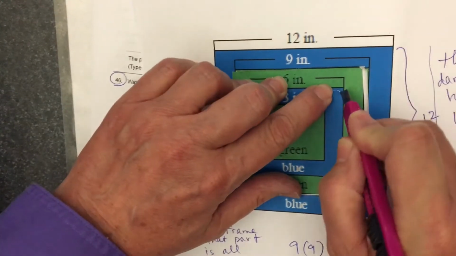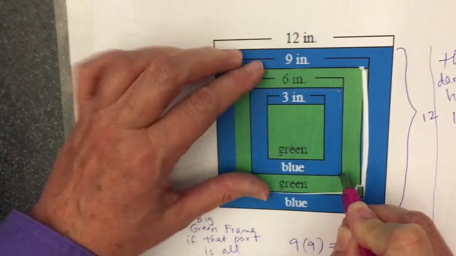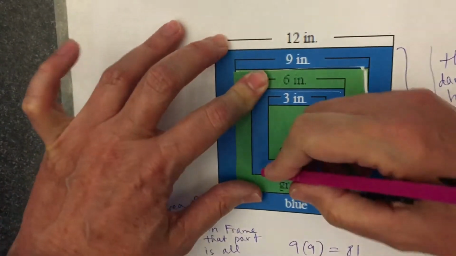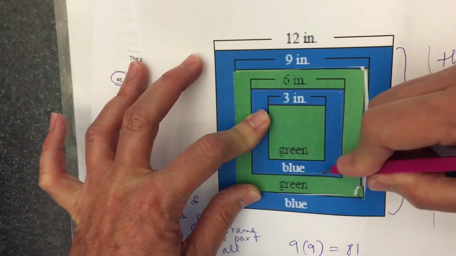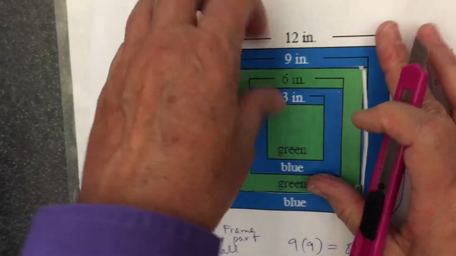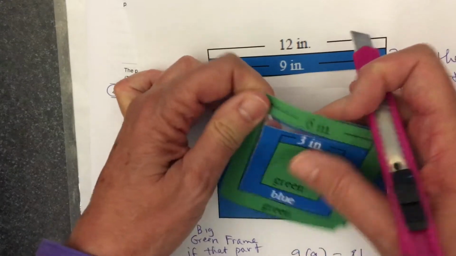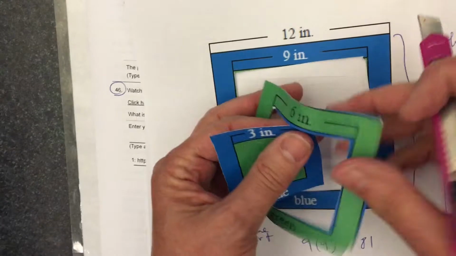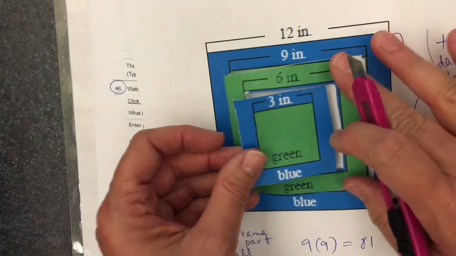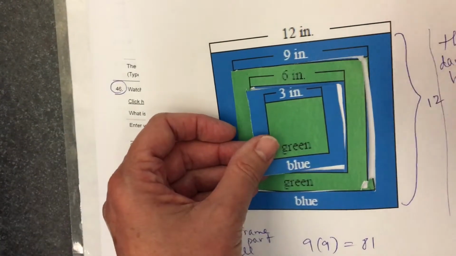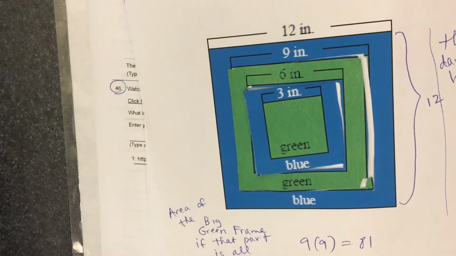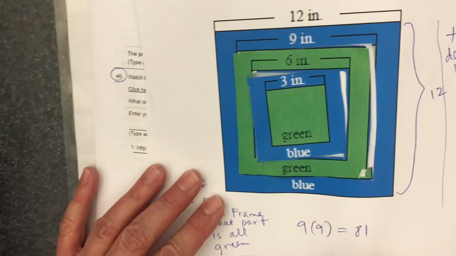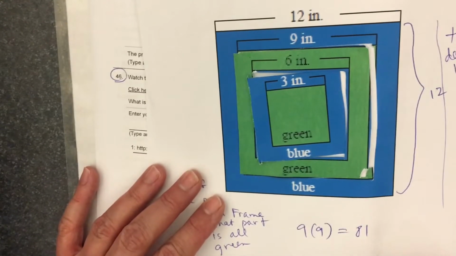If I'm taking out the blue, I'm going to have to subtract. So let's see if I cut enough to grab that part. So there's my blue. Now what's the area of this blue frame? Remember, it's 6. As I cut it, I lost my 6 there, but I have to remember that the measure is right up there. So that is 6 times 6, and that's 36.